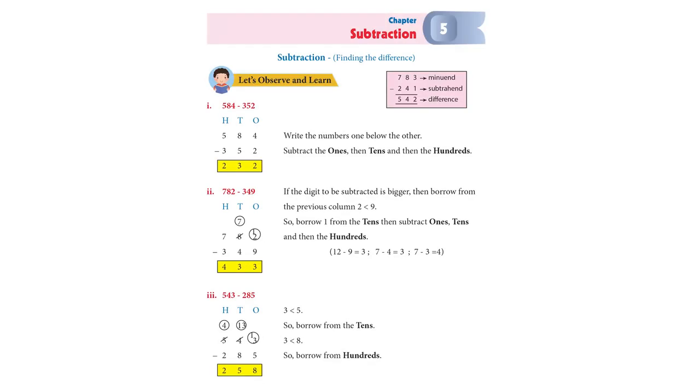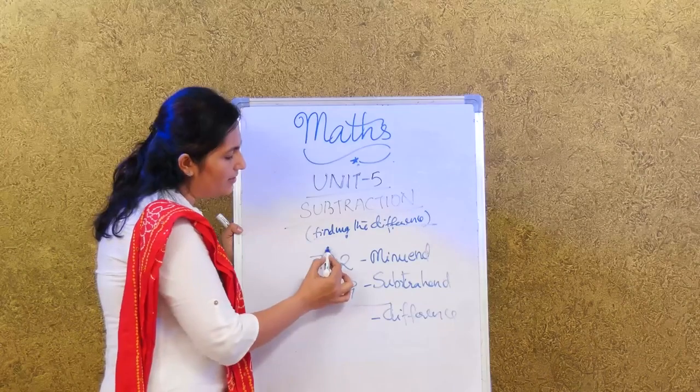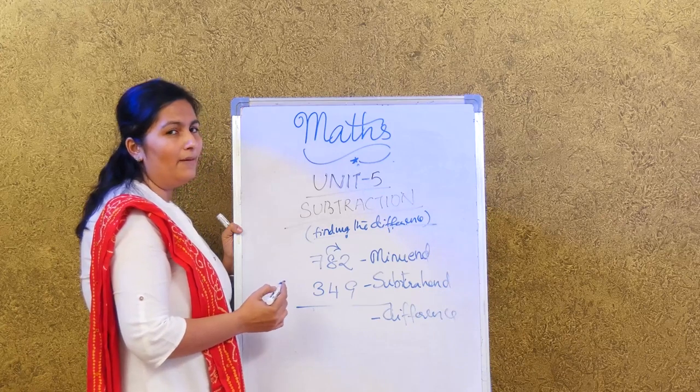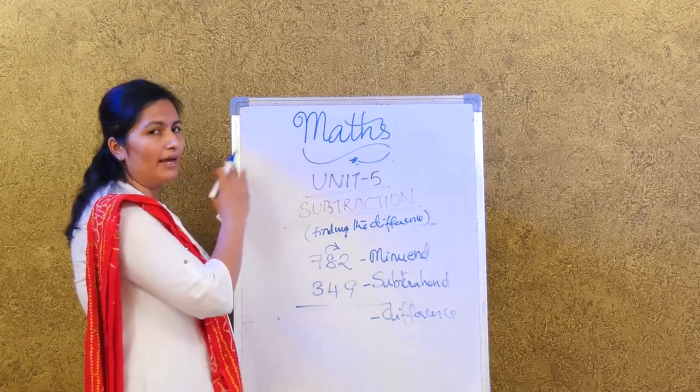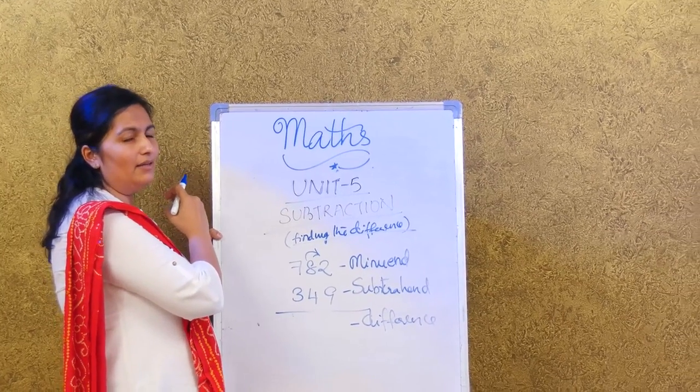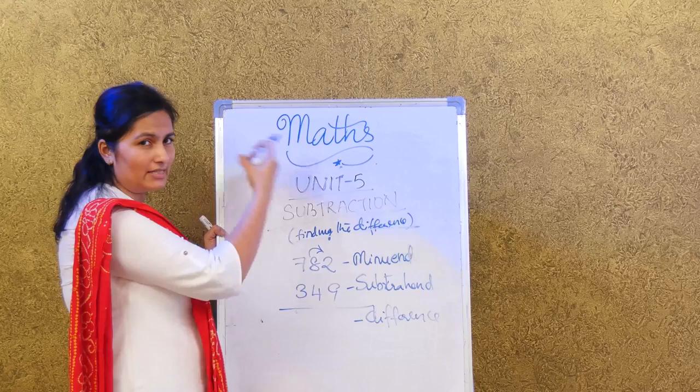Okay, so let's look at the next sum in page number 86. 782 minus 349. We start the system of borrowing. In additions we had carry forward to the other side. Now it is borrowing, taking.